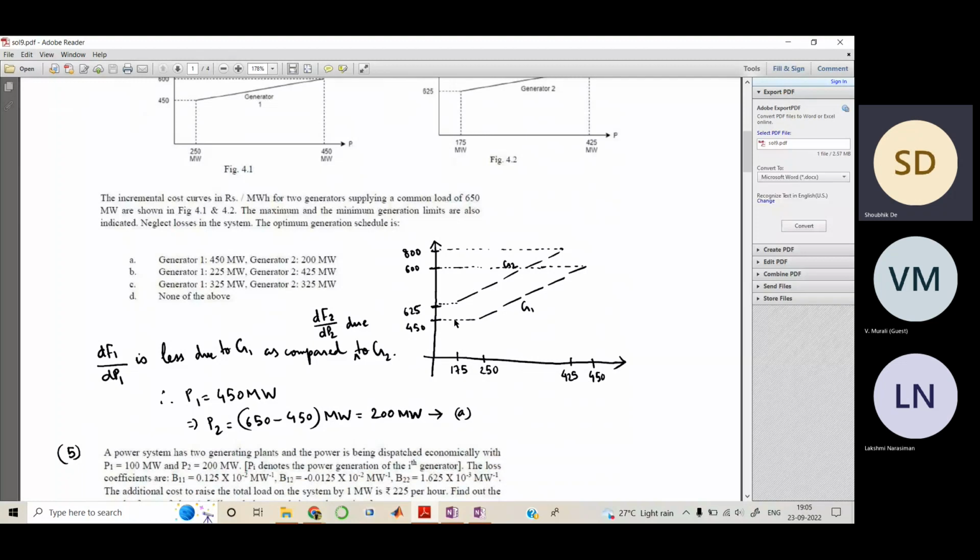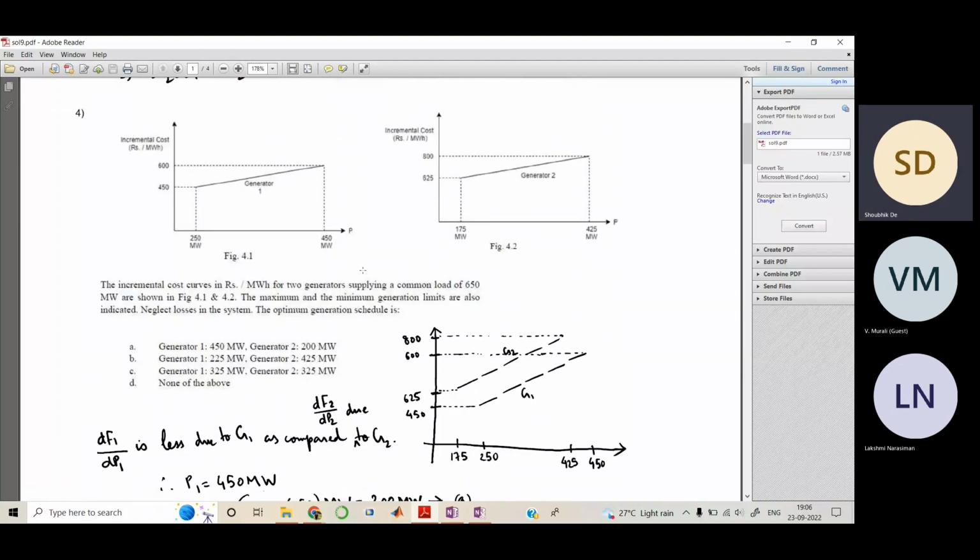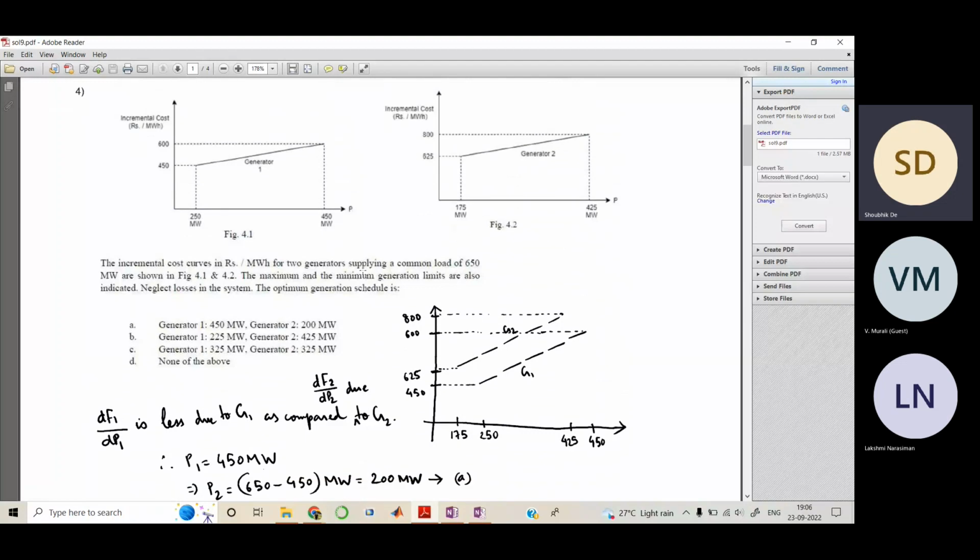If df/dp had been less for P2, then we would have considered P2 as 425. Instead, here we have considered P1 as 450, since df/dp is less for G1 as compared to G2. Therefore, if you solve for P2, 650 minus 450, it is 200 megawatt, which is your option number A. So this was question number 4.